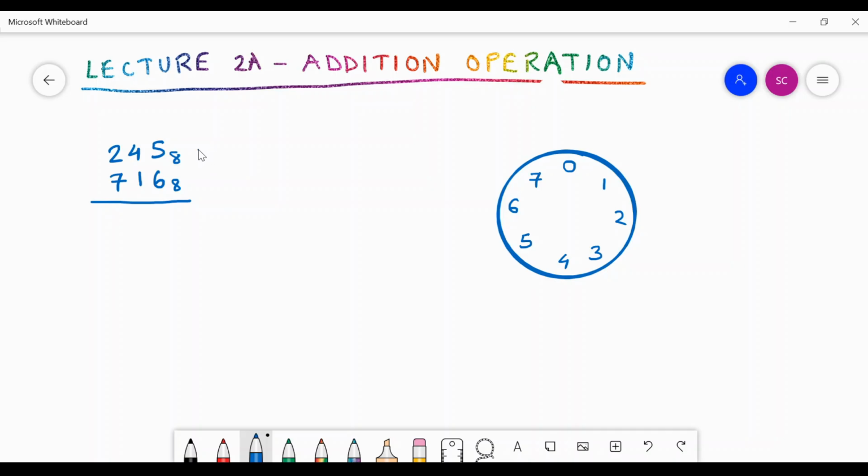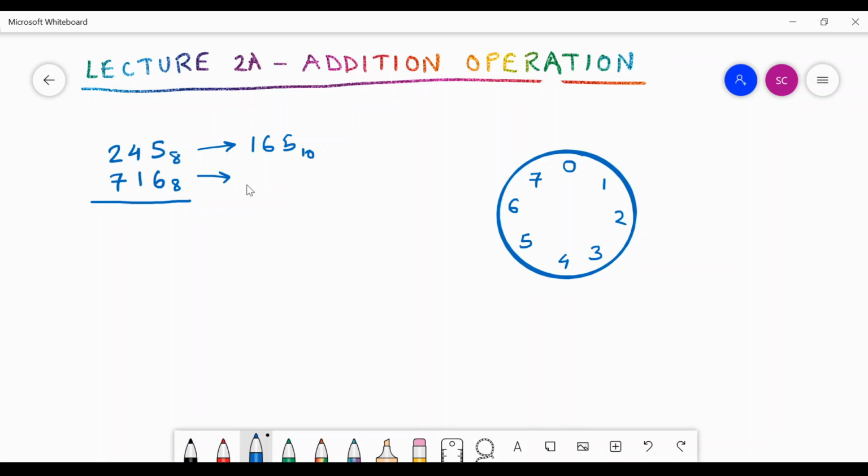Let us first write the decimal equivalent. If you find the decimal equivalent by the summation method, 2 into 8 square plus 4 into 8 plus 5, then what you will get is 165.